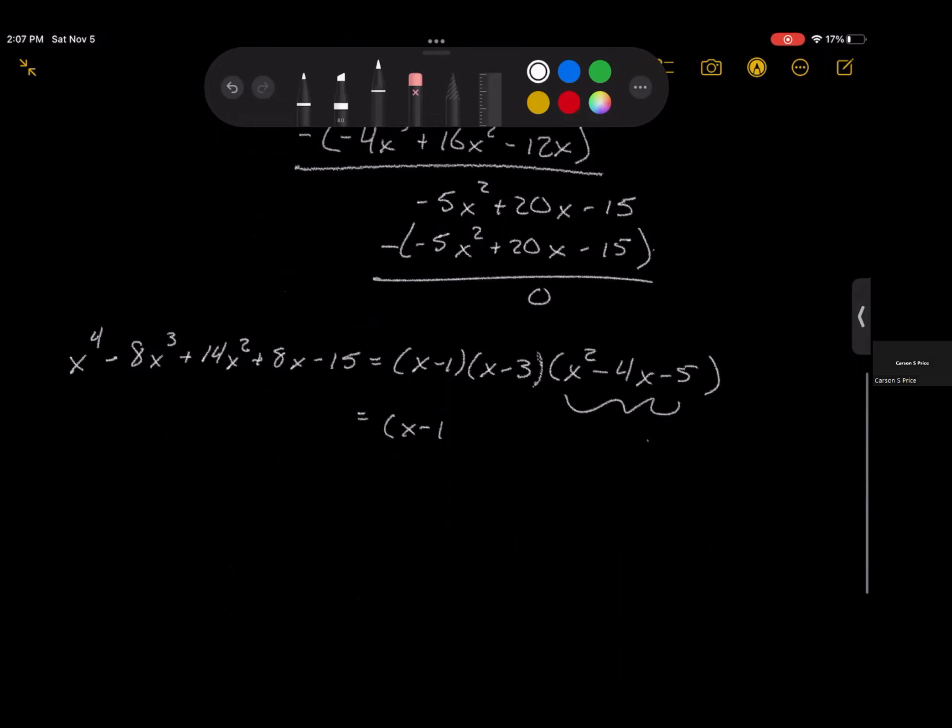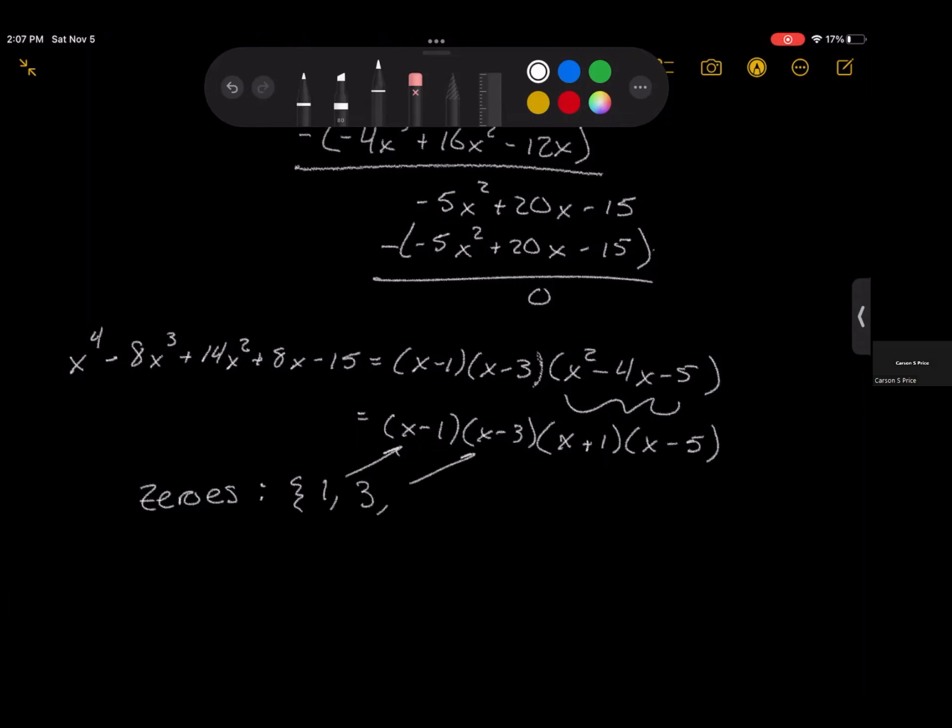So I have x minus 1, x minus 3, and I believe this will factor as x plus 1, x minus 5. So the 4 zeros that I get, or the roots, are going to be 1 from that term, 3 from that term, minus 1 from that term, and a positive 5.